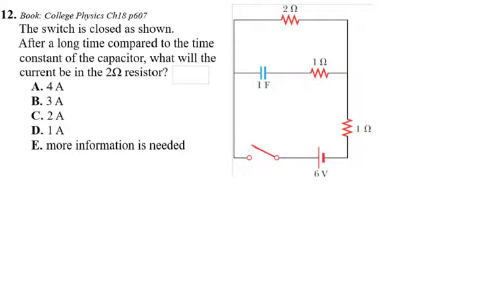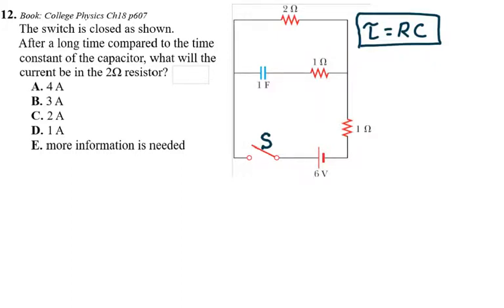Tau is the time it takes to charge the capacitor, from the formula RC. They say a long time after the switch S is closed, so that means long after the capacitor has been fully charged. What will be the current in the 2 ohm resistor?